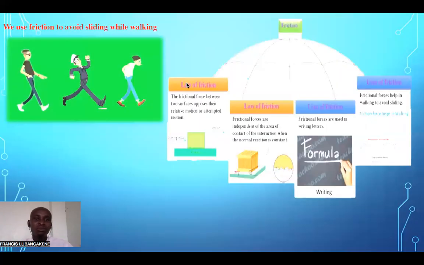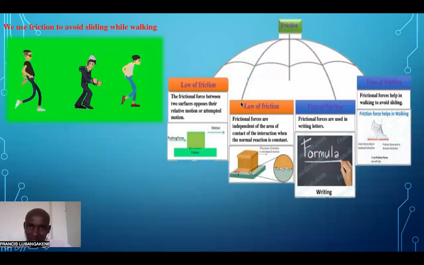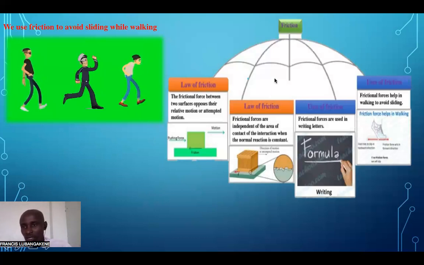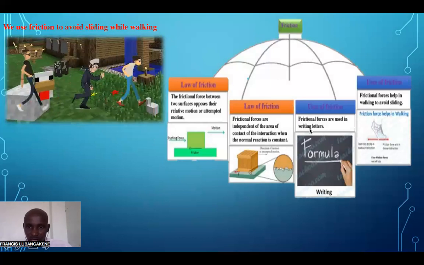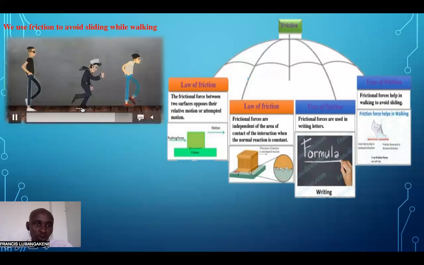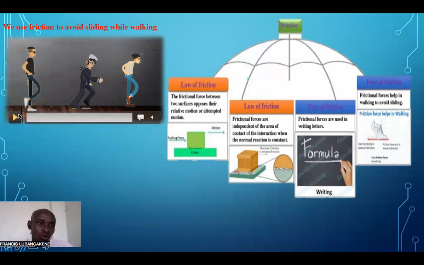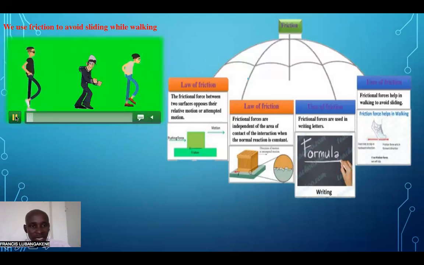In the second point, we are going to talk of the law of friction and the uses of friction, as I described in this umbrella of charts and the video of motion. How do people move? If there was only sliding, then there wouldn't be any movement.